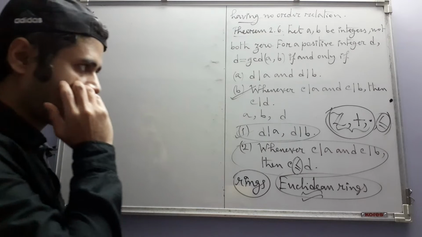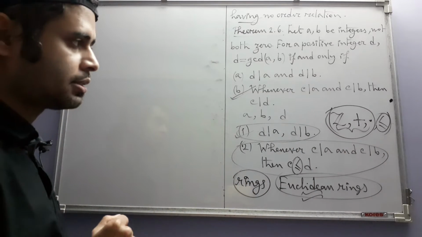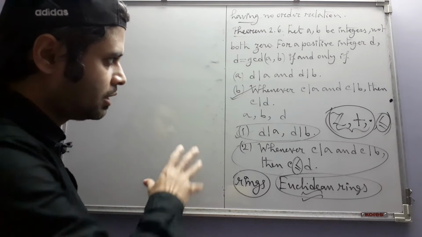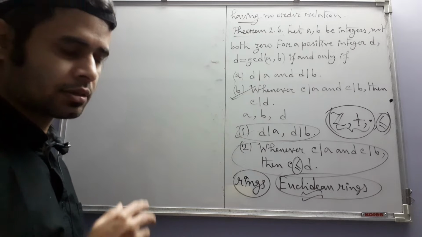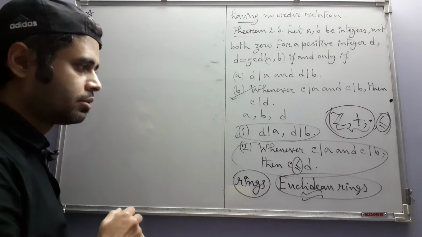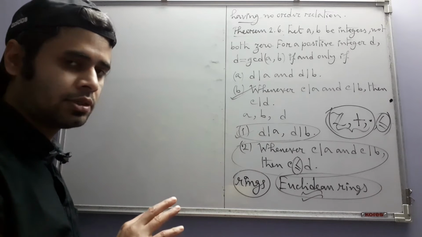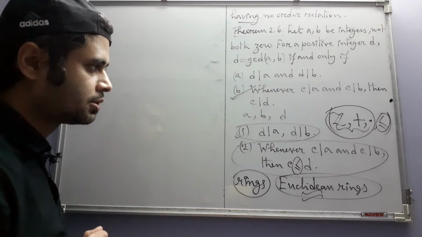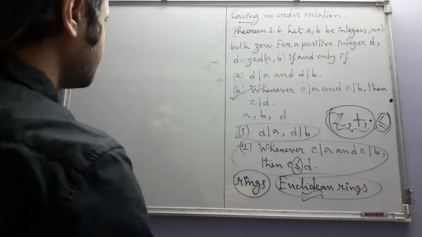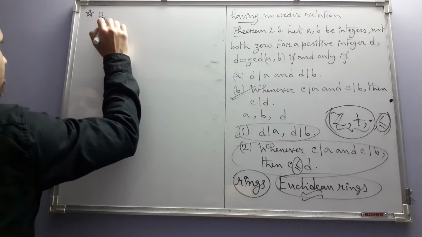Just know this much, that besides the system of integers, there are other similar systems also where we can investigate similar things, like what we are doing here in number theory. Some such number theoretic investigations can be carried out in other algebraic systems. For that, this definition is needed. Only that much is enough. Okay, so let us now see the proof.